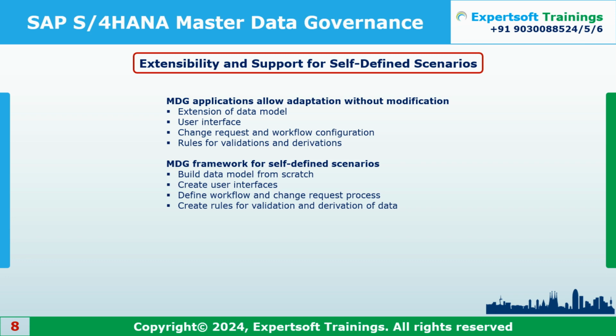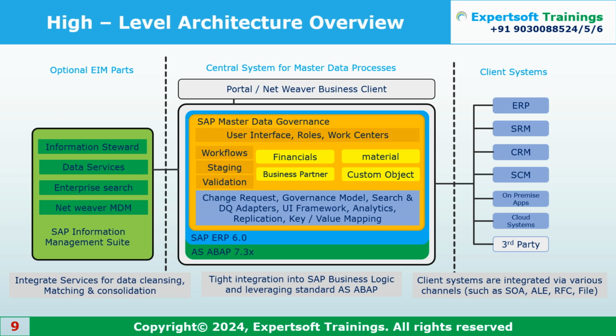This is the high level architecture of SAP MDG. We have the front end NWBC, the NetWeaver Business Client, or now the Fiori Launchpad. Whoever is on S/4HANA is using the Fiori Launchpad, and whoever is yet to go to S/4HANA is using NWBC.